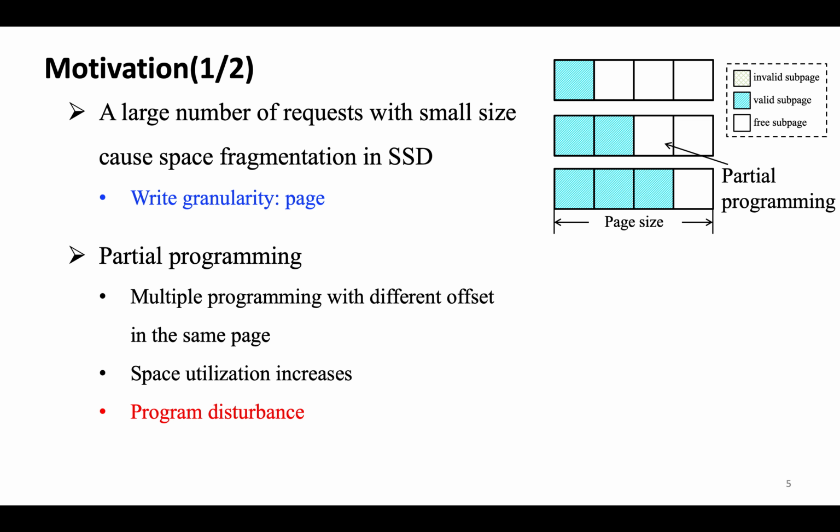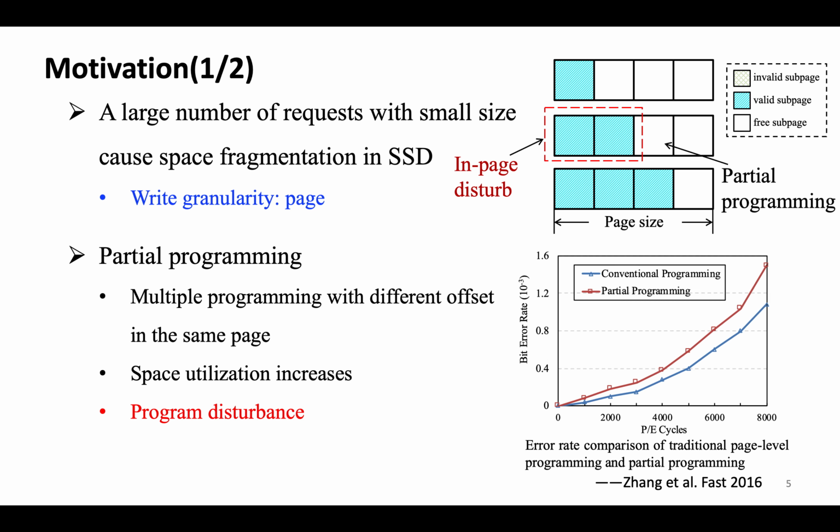But there is intra-page program disturbance induced by partial programming. That means the previously written data in the same page suffer from the program disturbance. From the figure below, the x-axis represents the P/E cycle and the y-axis means the bit error rate.